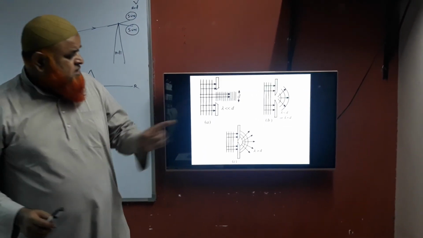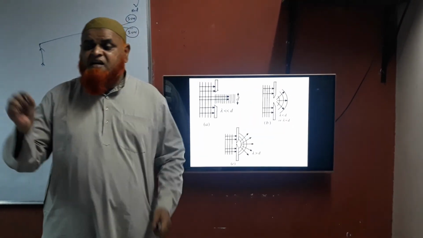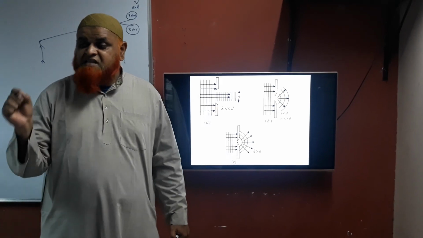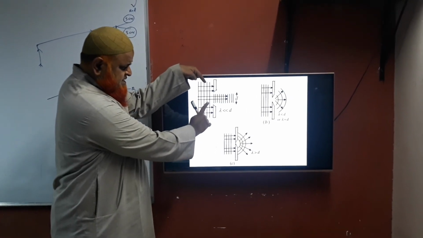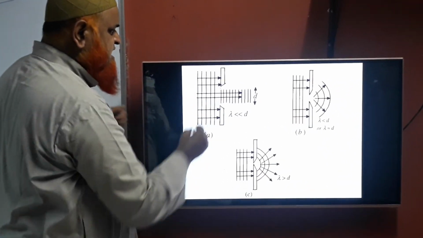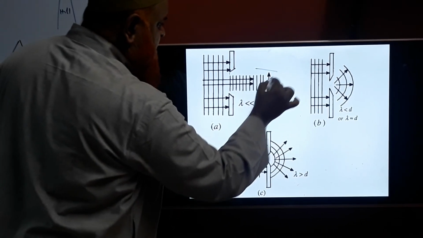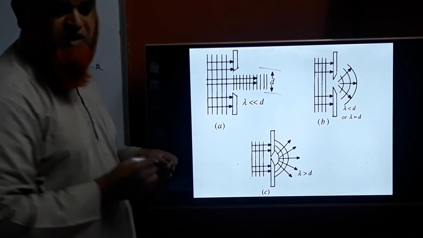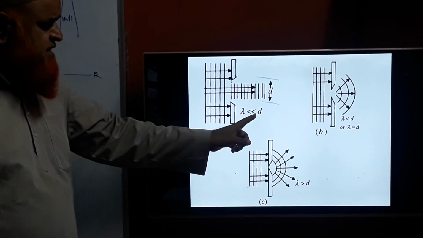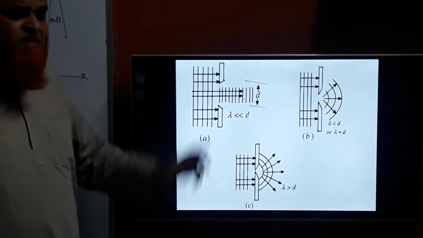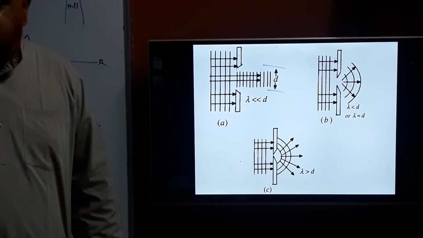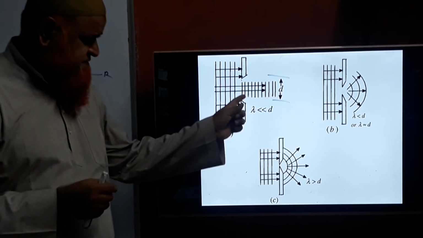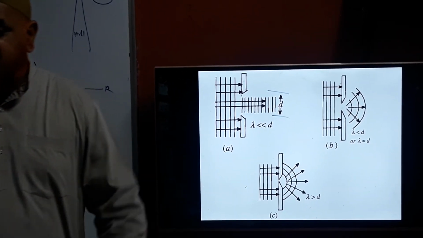See, the bending of light completely depends upon the wavelength of light. What is this D? D is nothing but the size of the slit which you are going to consider. If the size of the slit is greater than the wavelength of the light, then there is no bending of light.